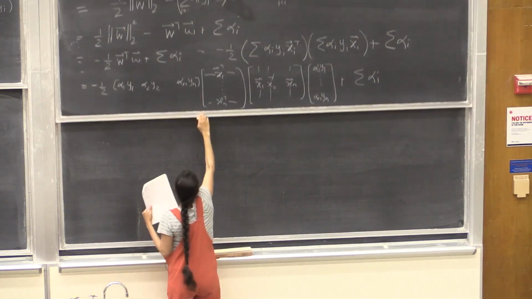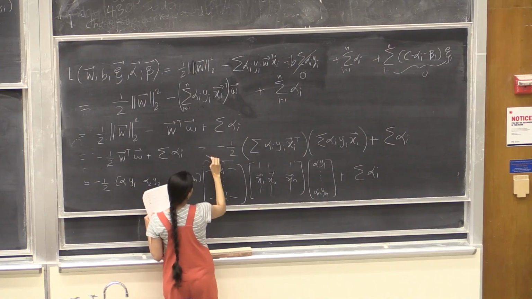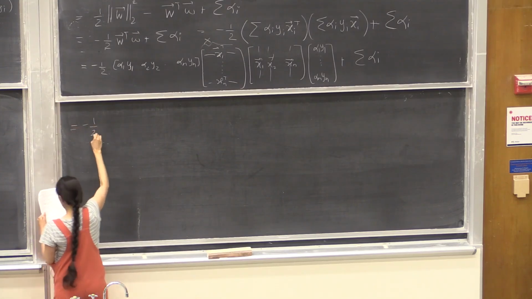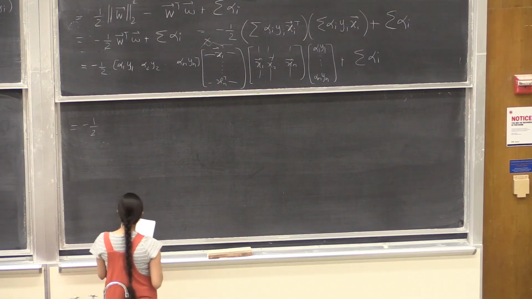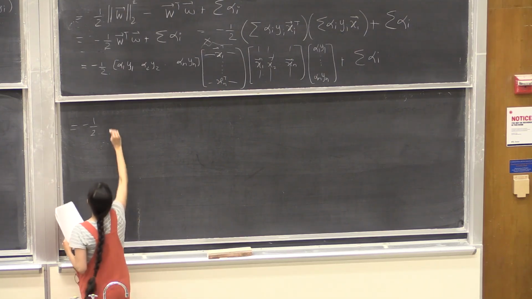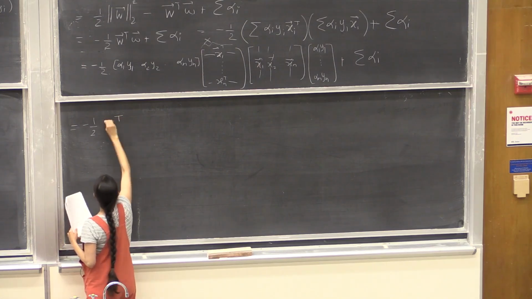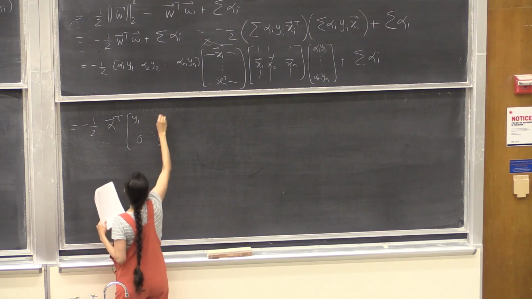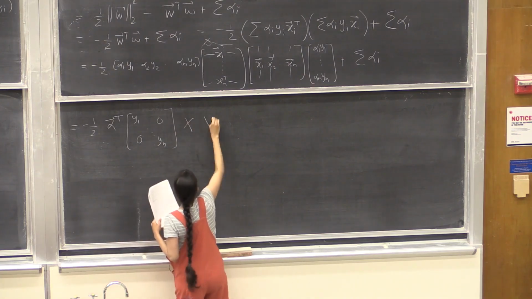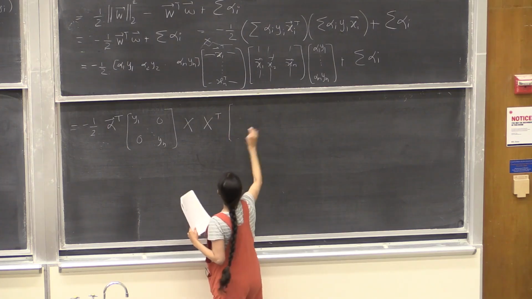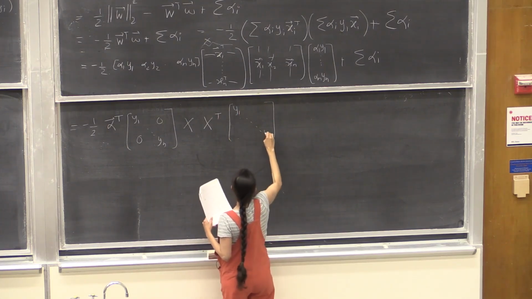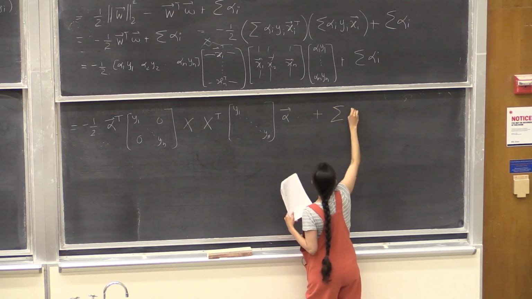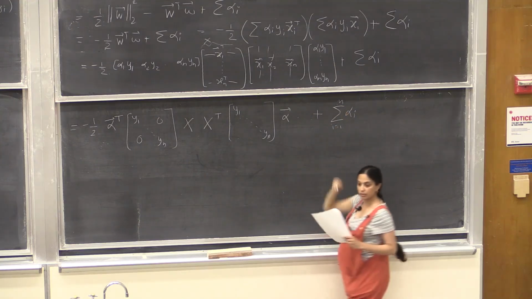So if I call this matrix my data matrix, capital X, this I can write equal to -1/2, let's say, alpha transpose times diag y1 to yn times X transpose times X times diag y1 to yn times alpha plus, right?